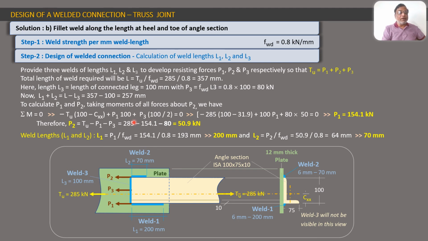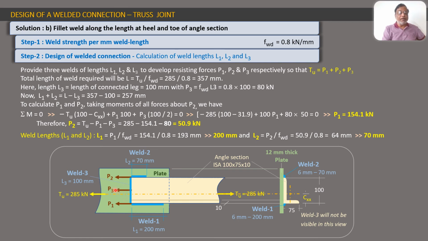Now we will require a third term, that is P3. Look here, this is force P3, moment of P3 about P2. What will be the moment of P3 about P2? So it will be magnitude of P3, so we write P3 here. And what will be the distance between P3 and P2?